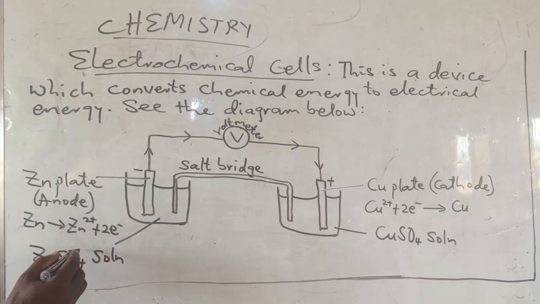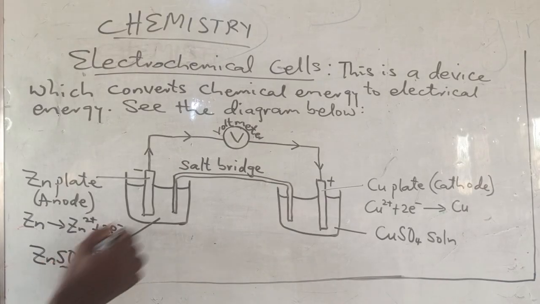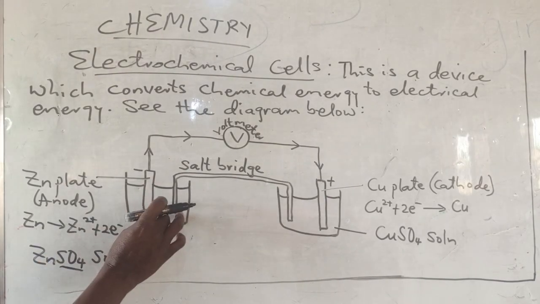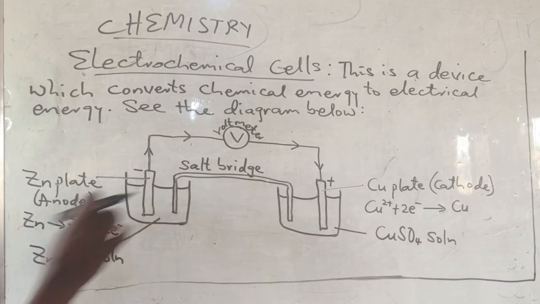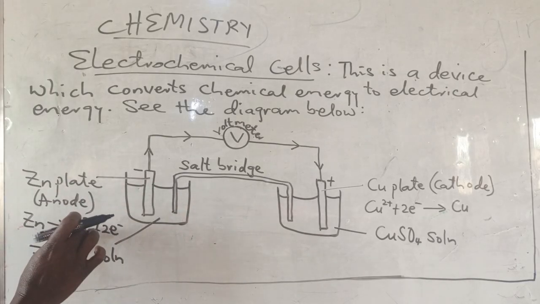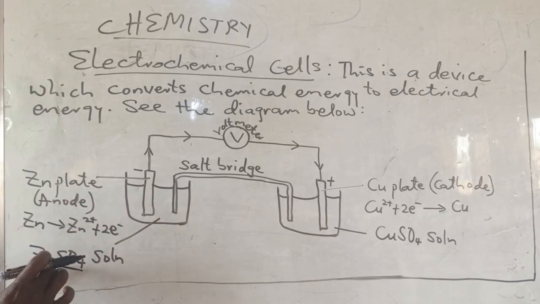Nothing happens to the SO4 2 minus in the solution. The number is still the same, but as the zinc ions are falling in, they are increasing the number of zinc ion in the solution.